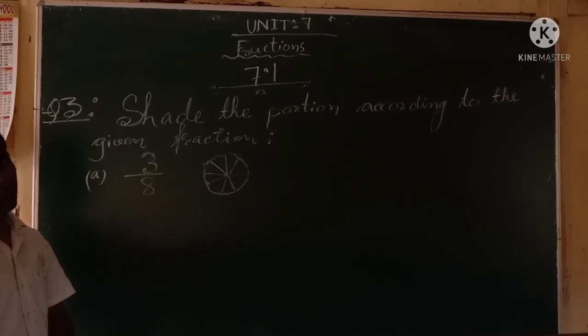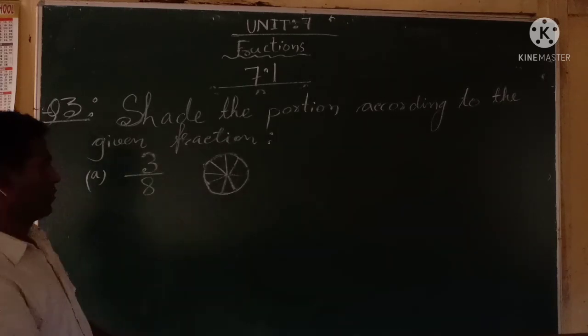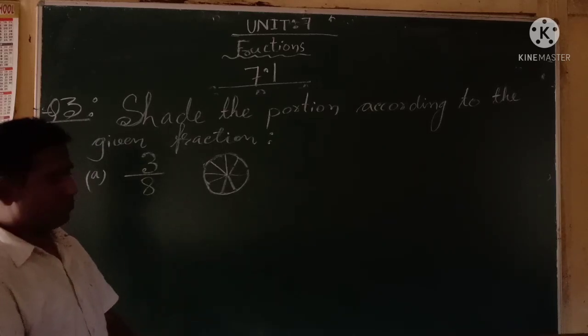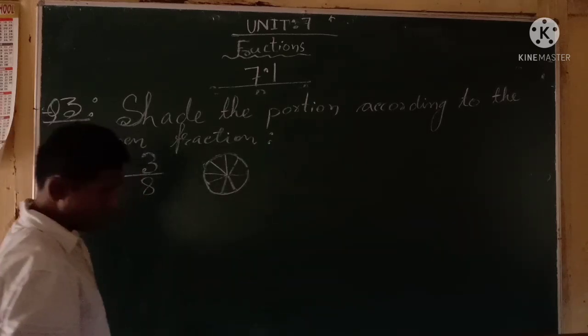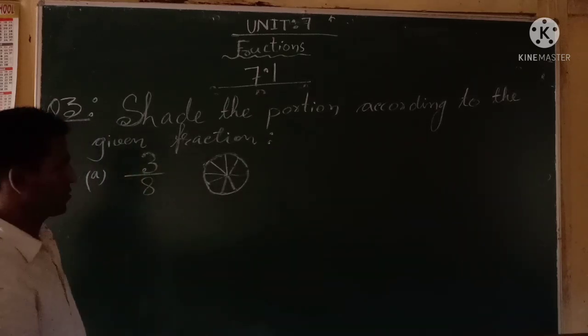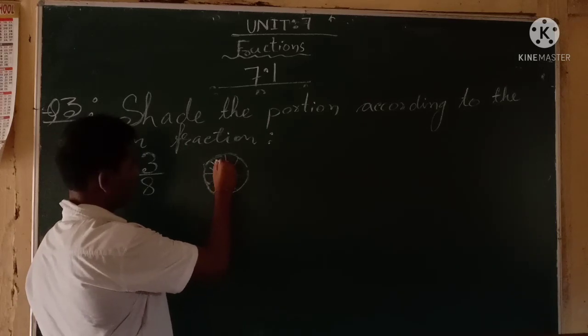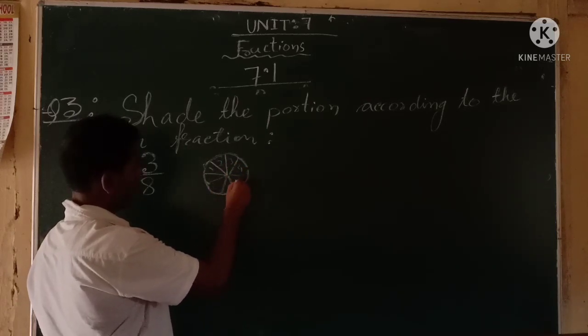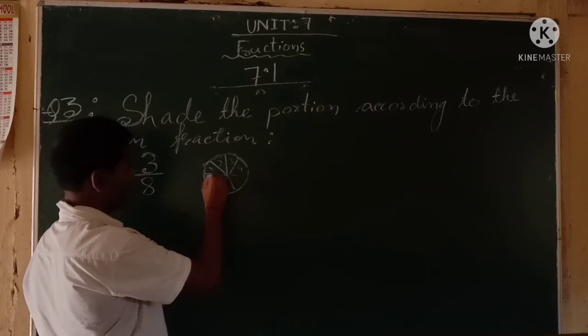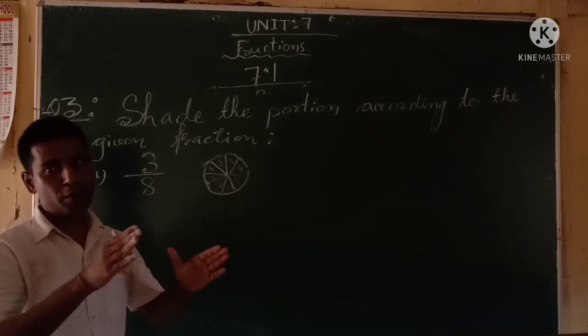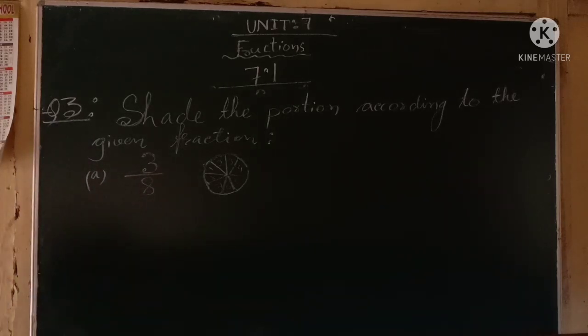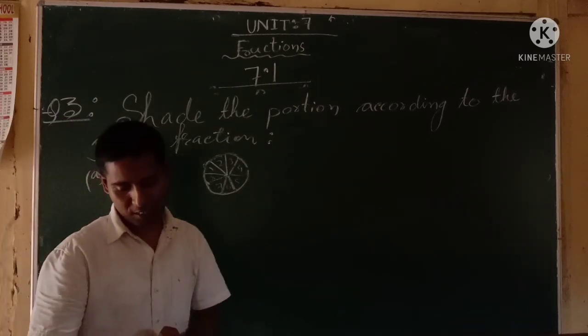We have got a diagram, and we have to set the portion according to the fraction 3 out of 8. Now see, in the given diagram we have got 8 equal parts. See 1, 2, 3, 4, 5, 6, 7, 8. That means the given circle is divided into 8 equal parts, and out of these equal parts we have to set these 3 parts.